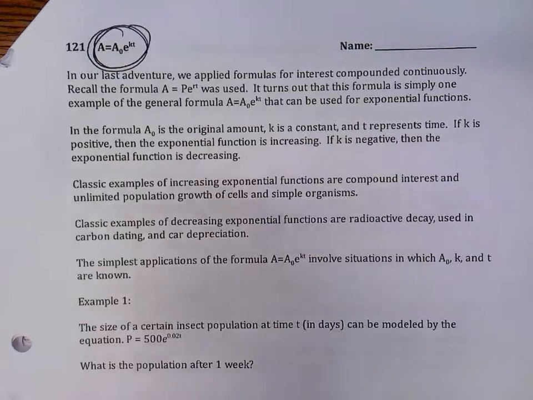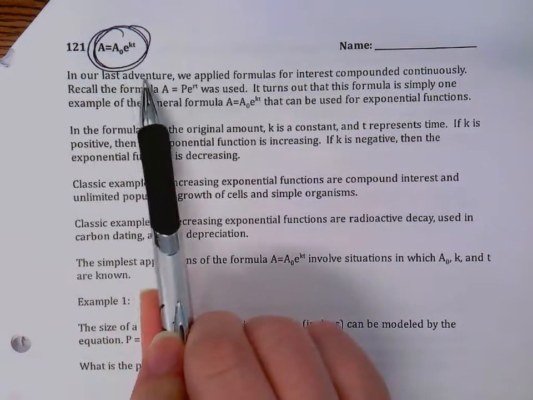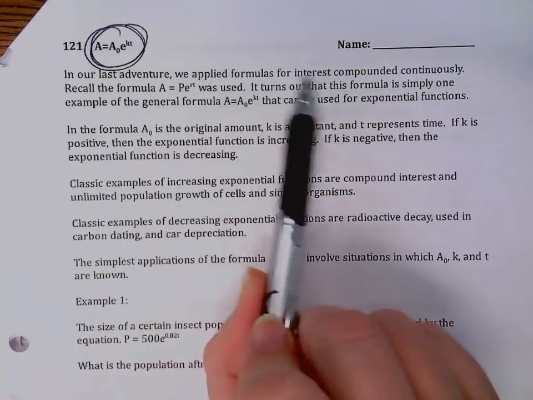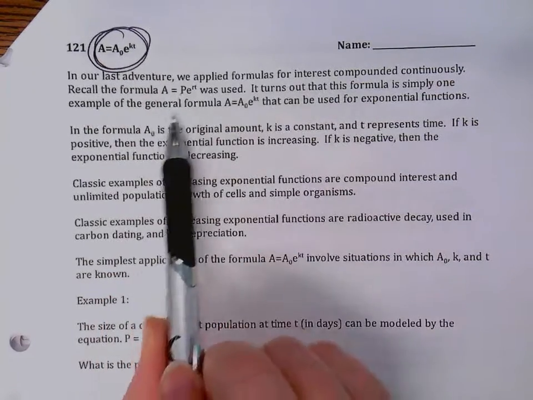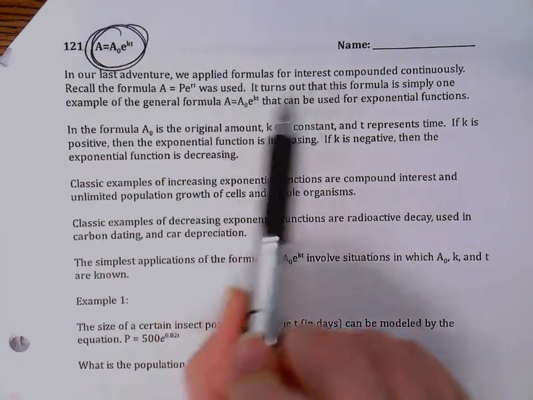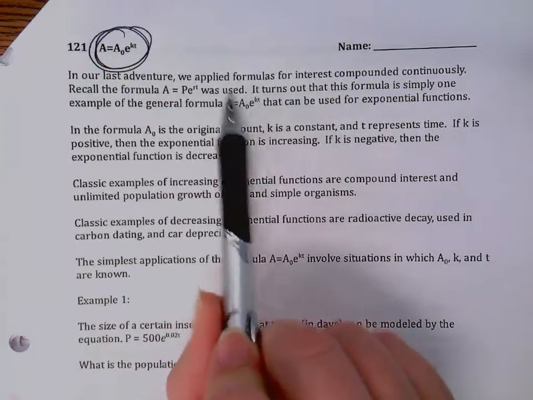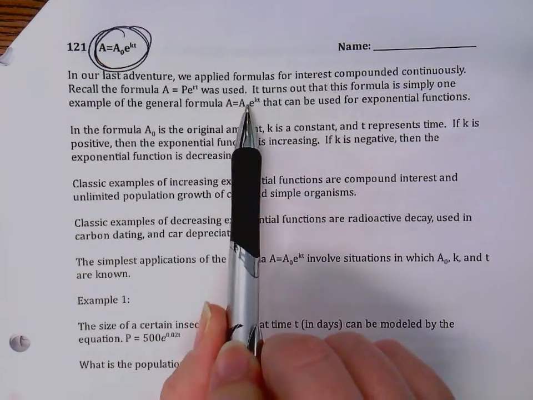So you've worked with this a little bit in compound interest, and we're going to practice compound interest again probably on Thursday. In our last adventure a while ago, we looked at compound interest formulas and we used Pe to the rt during our virtual week. So it turns out this formula is simply just one form of A sub 0 e to the kt.